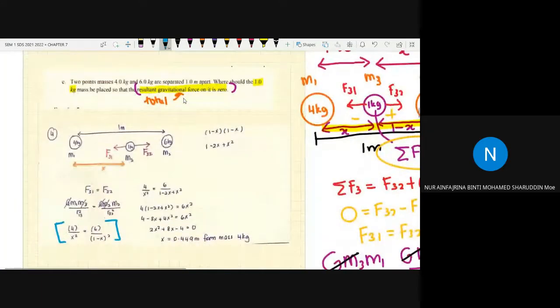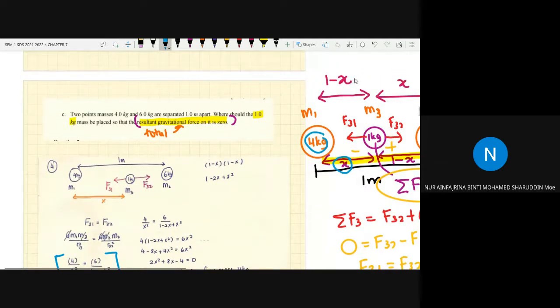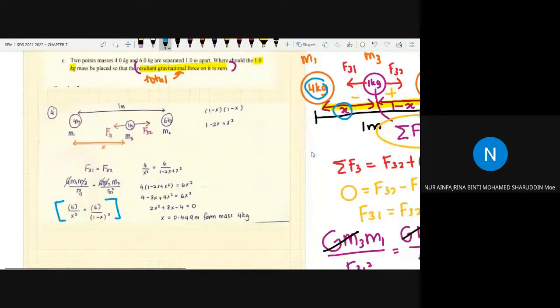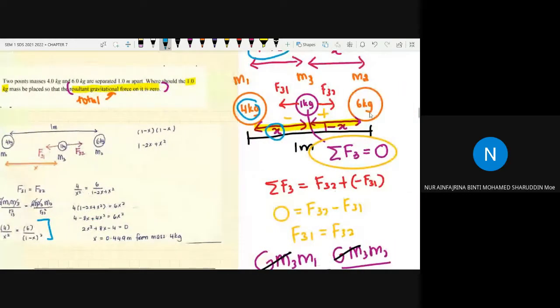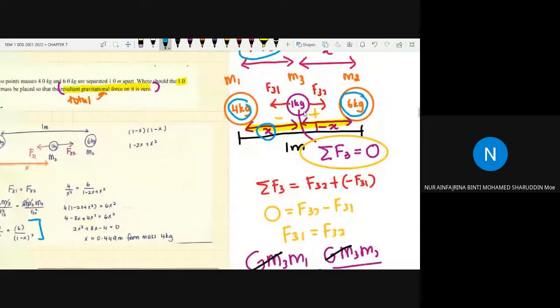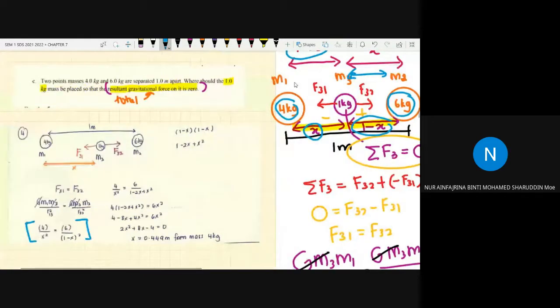Cuba tengok dia kata mass 1 ni adalah 4 kg, and then jarak daripada mass 1 sampailah ke mass 3 adalah X. Ingat tak Miss ambil X. Kalau korang yang buat 1 minus X, korang tulis je lah 1 minus X. Selepas itu mass kedua Miss adalah 6 kg, dan jarak daripada mass ketiga ni sampailah kedua ini adalah 1 minus X. Kalau korang terbalik daripada Miss, korang akan jadikan dia X.